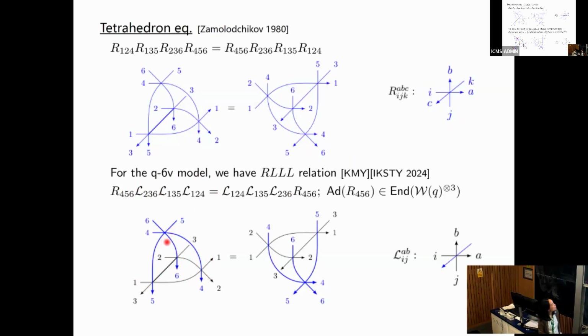And by moving this R from top to down, the shape of the black arrows is changed by this relation. So now we have the opposite order of this.